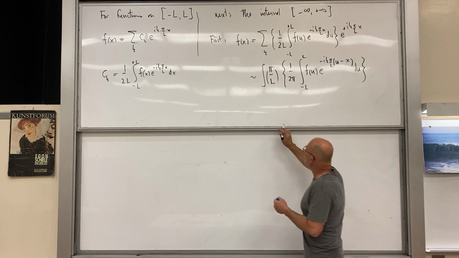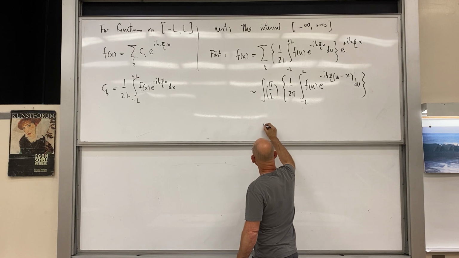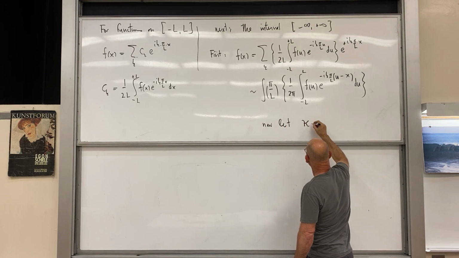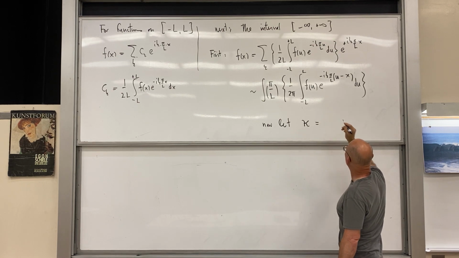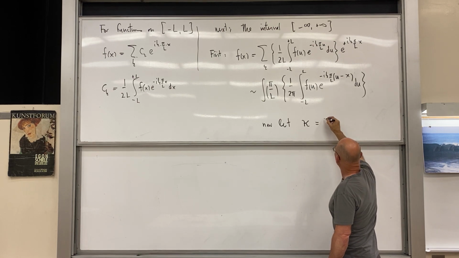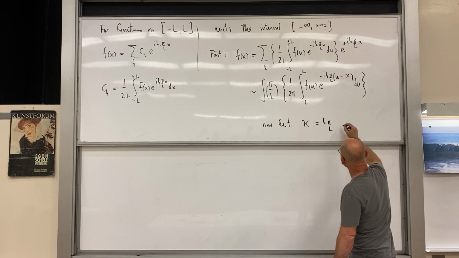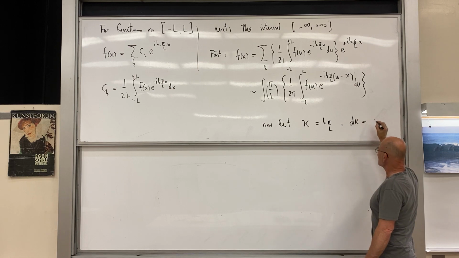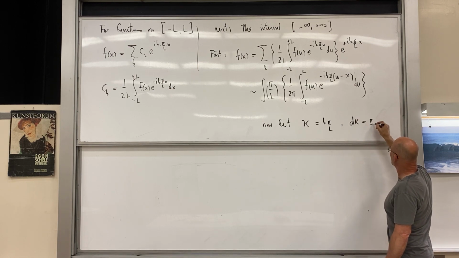What we're going to do next, now let kappa be equal to k pi over L, d kappa be equal to pi over L dk.